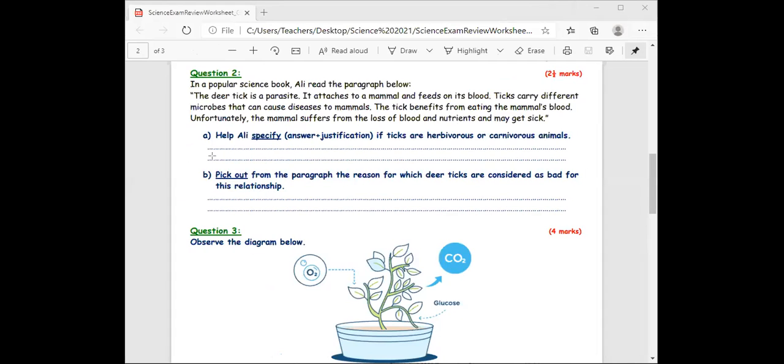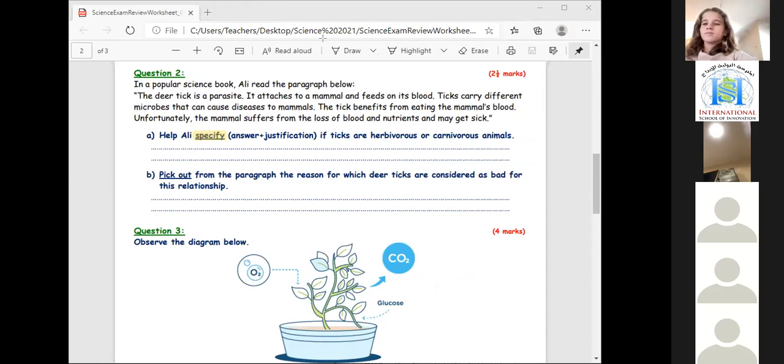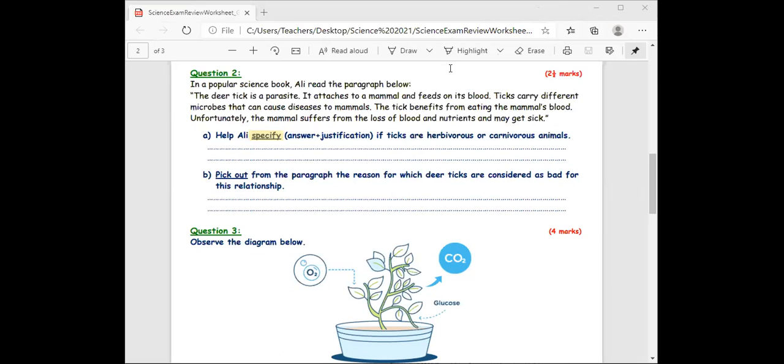Are deer ticks herbivorous or carnivorous animals? You can unmute yourselves. Deer ticks feed on mammal's blood. So are they herbivorous animals or carnivorous?